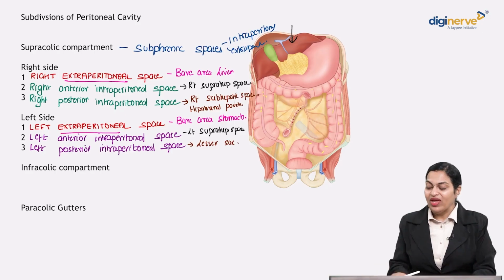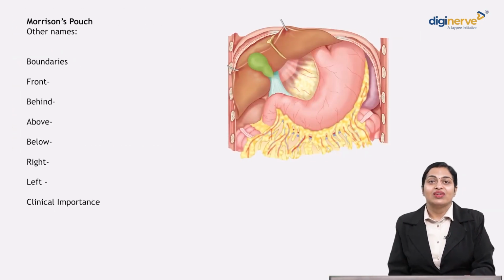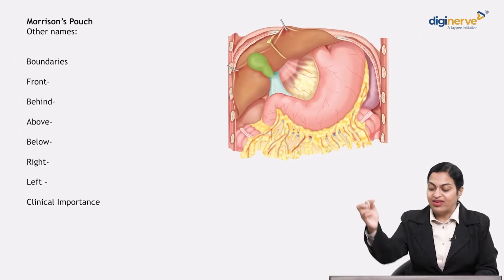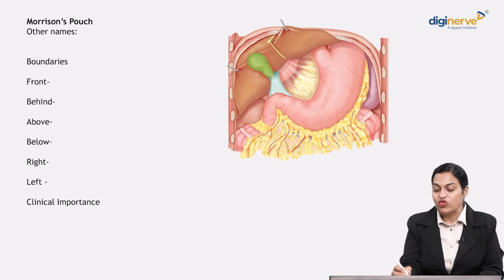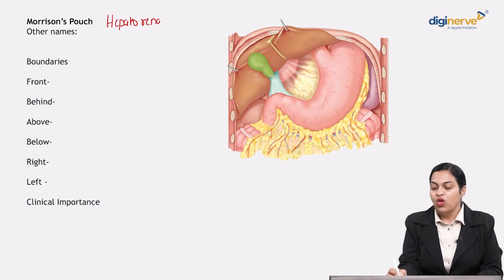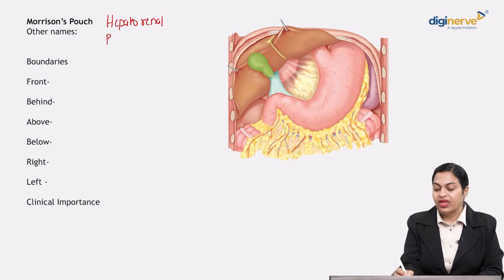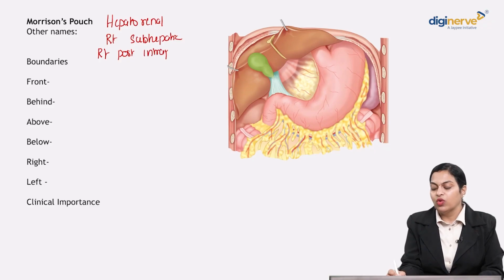Come on. Okay. Now, the right subhepatic space, I told you, is called the hepatorenal pouch or the pouch of Morrison. The right subhepatic space, which we also call the right posterior intraperitoneal space, isn't it?